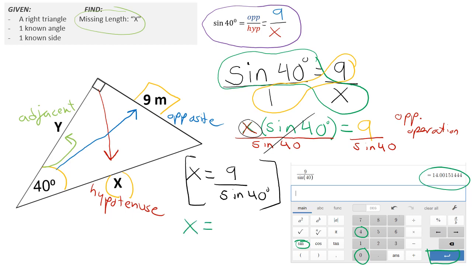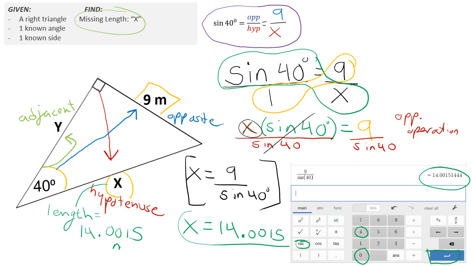So x equals 14.0015. And that is your answer. So the length of this hypotenuse right here is going to equal 14.0015 meters. And that is your answer.